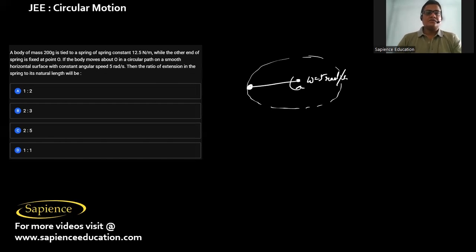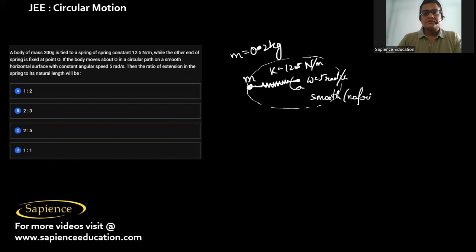So it is tied to a spring of spring constant K, that is 12.5 Newton per meter, and mass of the body is 0.2 kg, since it is 200 gram, and it is moving on a smooth horizontal surface. So smooth means there is no friction.